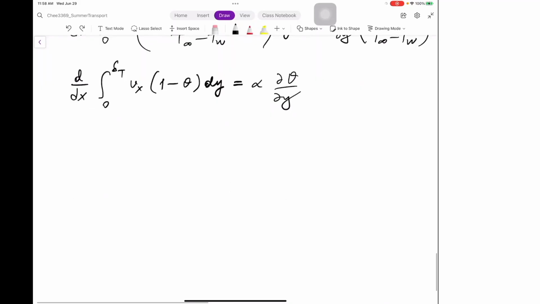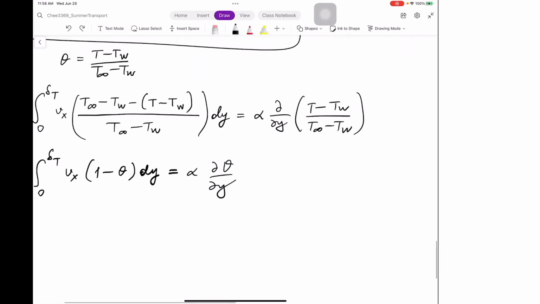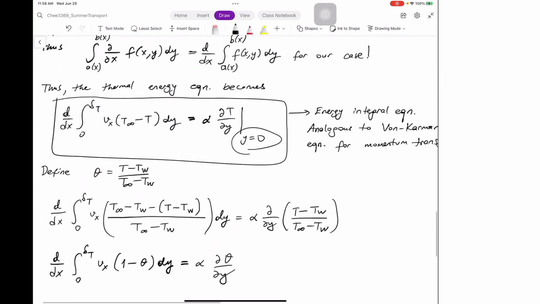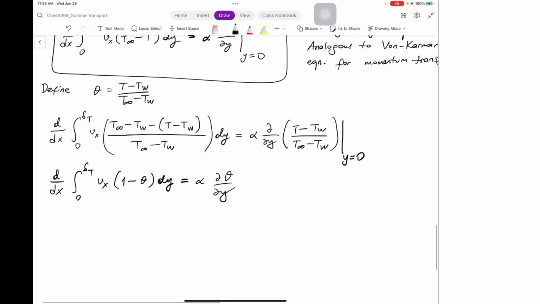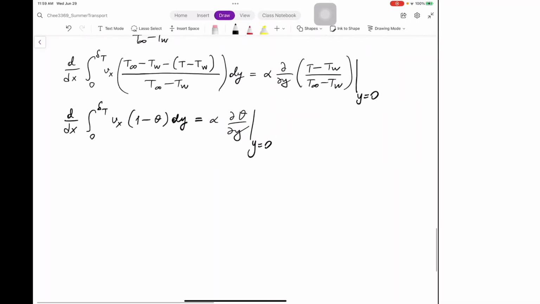Cool. Excellent. Now we have a simple equation again. By the way, this is evaluated at y is equal to 0.